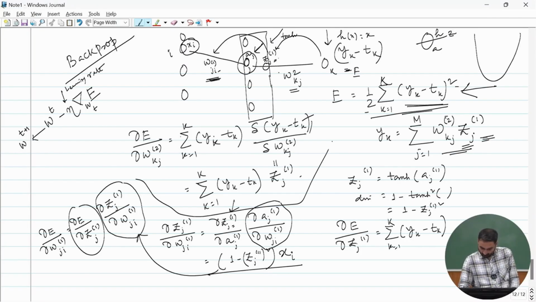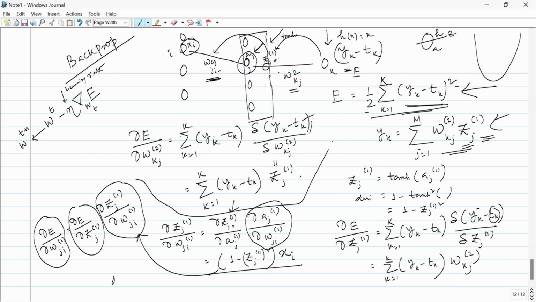Okay, then the partial derivative of this yk minus tk with respect to wji1. Okay, and this is yk minus tk. The tk is constant here, so yk is this one, so this will result in wkj2.